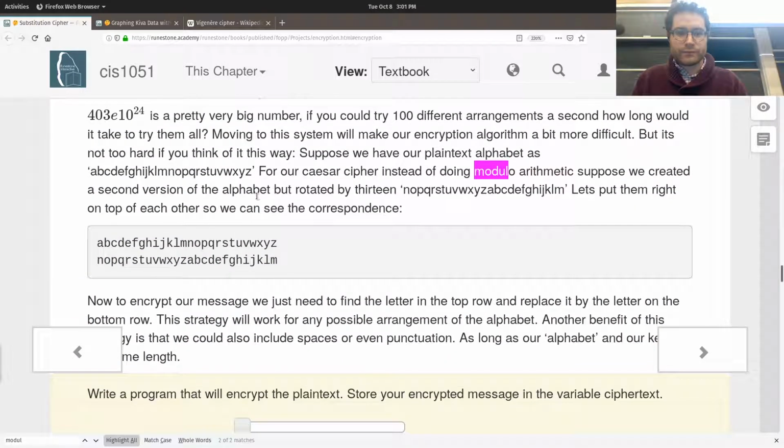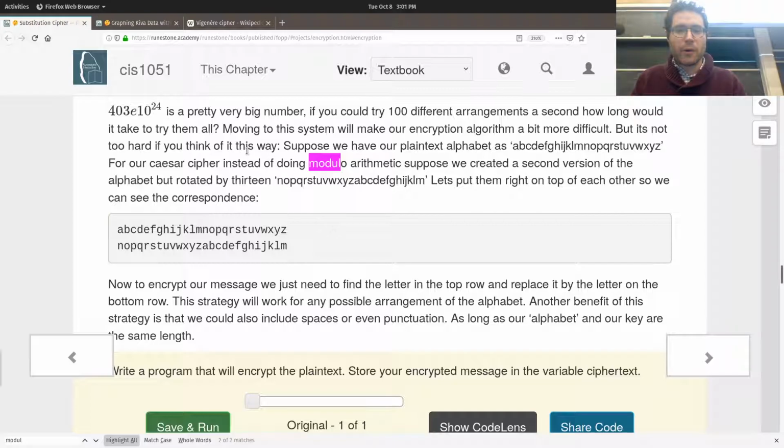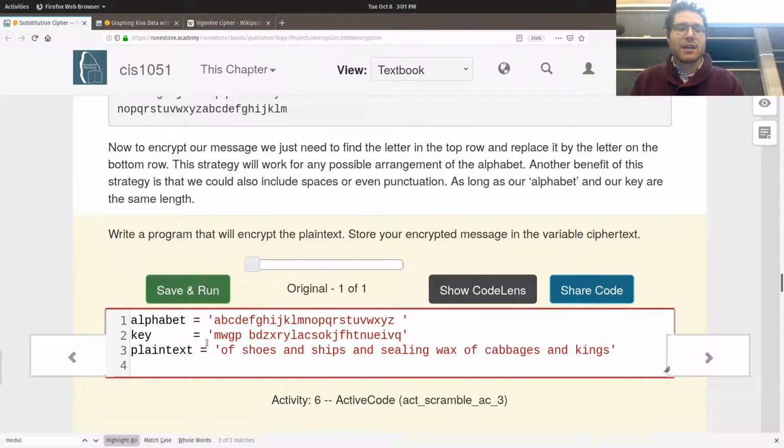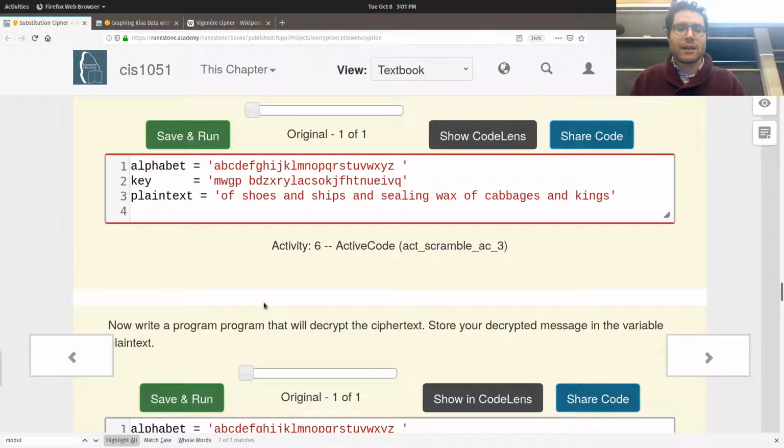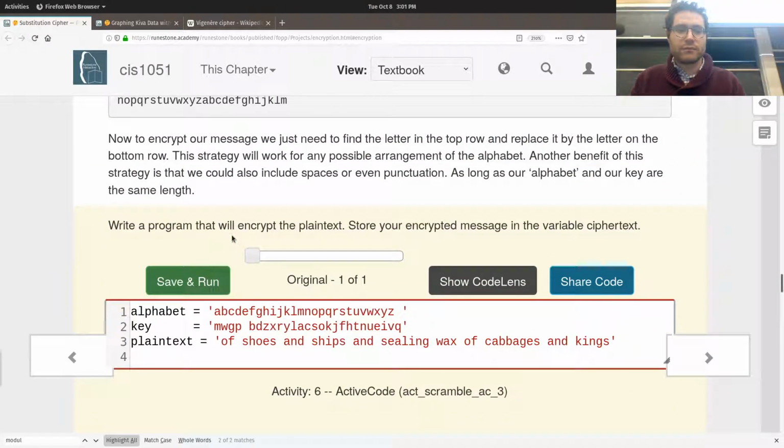So suppose, rather than doing modular arithmetic, which this will make easier, we're just going to say, here's our input, here's our key, give me the ciphertext. And that actually will work out pretty well.